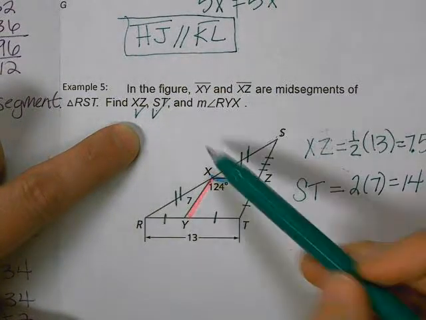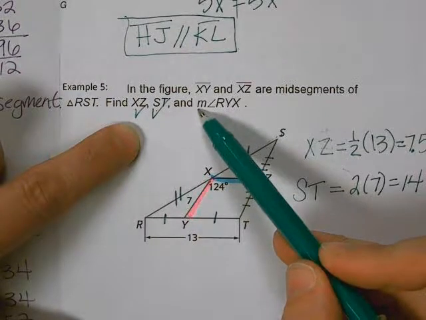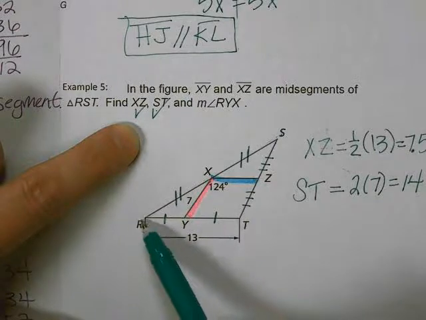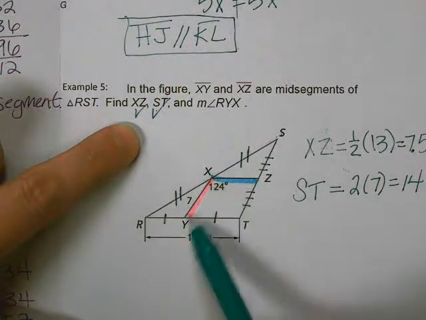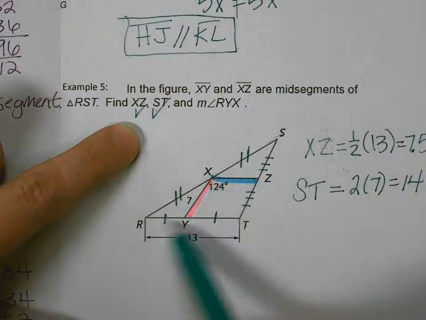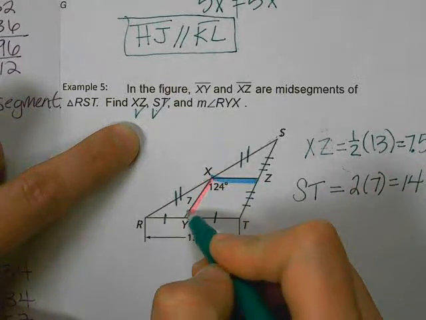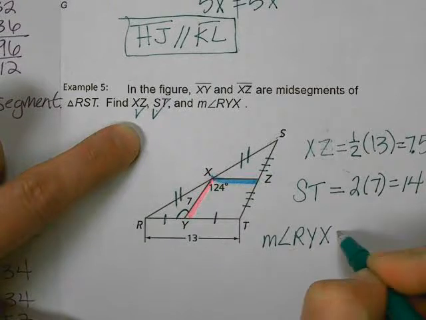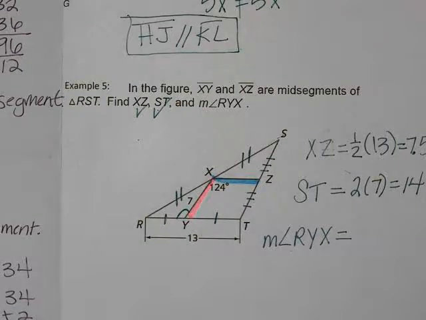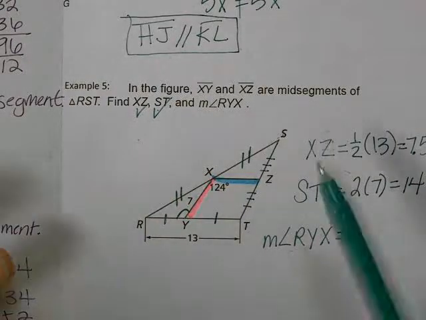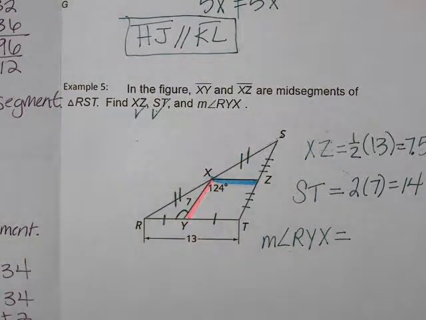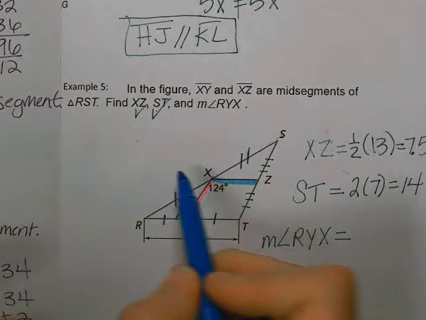Okay. The last thing it asked us to find was the measure of angle RYX. So here's RYX. They want us to find the measure of that angle. Measure of angle RYX equals, so remember what we talked about, that the midsegment means that we're parallel. So we're going to have to use some of those ideas that we learned back when we learned about parallel lines.